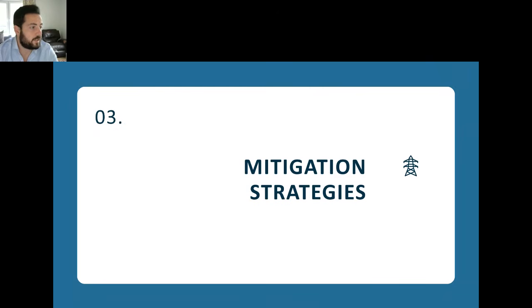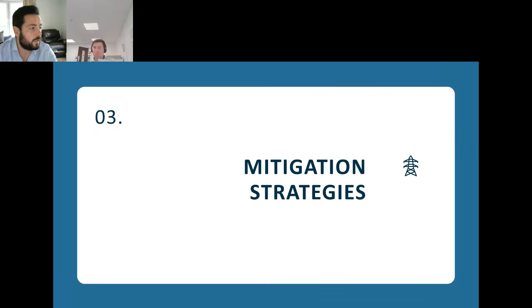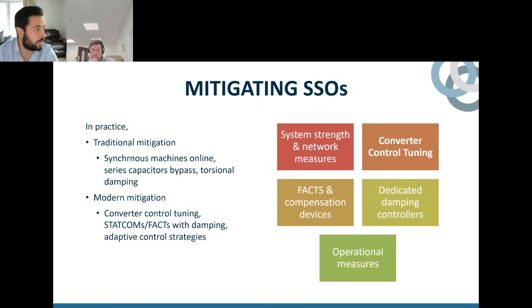So, mitigation strategies. We looked at a range of studies that NESO asks the developers to show. And now, before I go into mitigations of subsynchronous oscillation techniques, there are basically two: the traditional mitigations and the modern mitigations. Traditional mitigations, for example the one that was used in Scotland previously, was to turn on a synchronous machine that would provide damping to the system.